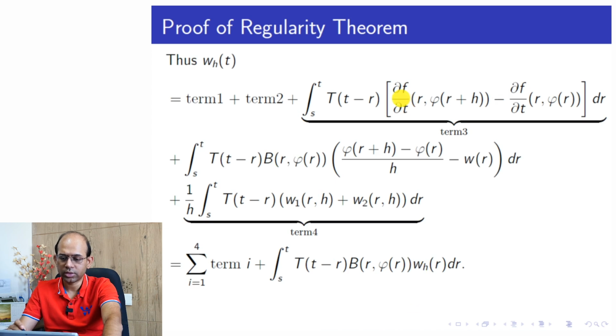That's why we get del f del t at r, phi r plus h, minus del f del t at r, phi r, dr.